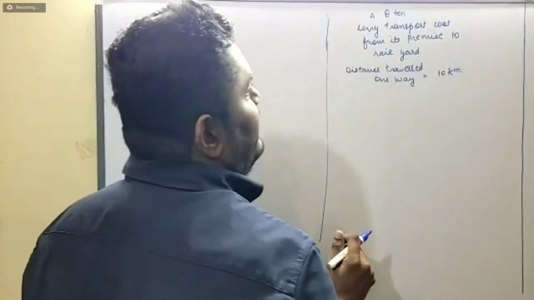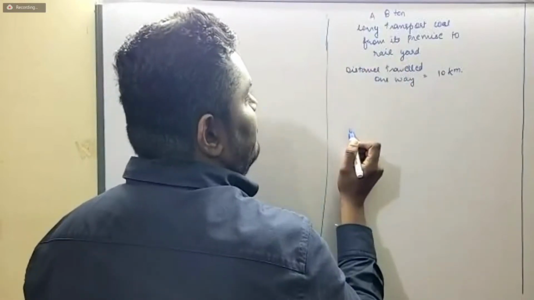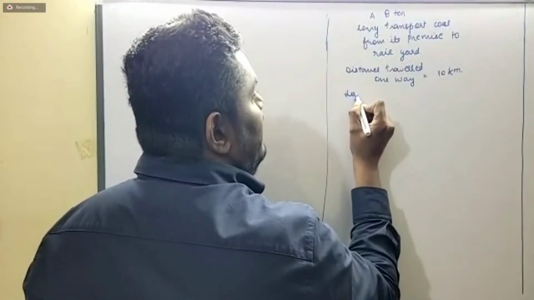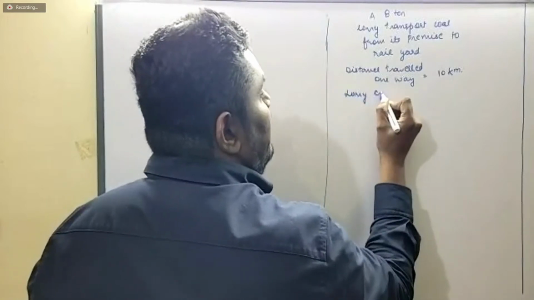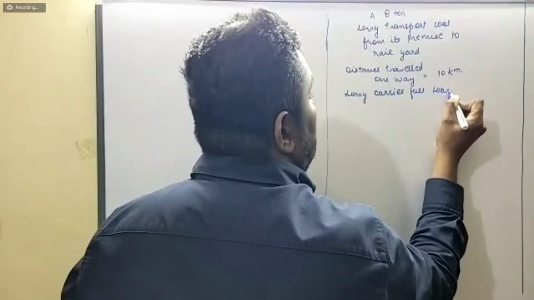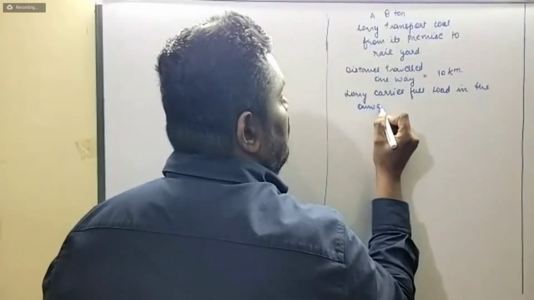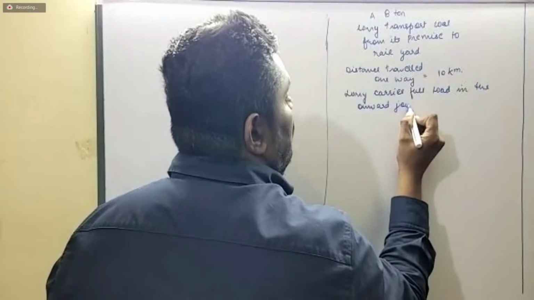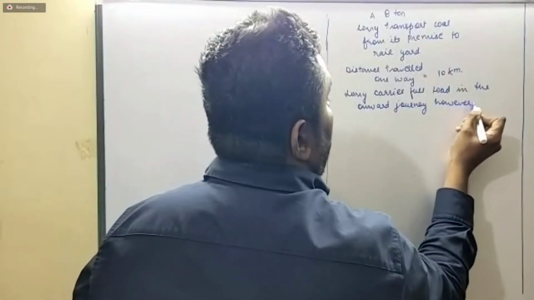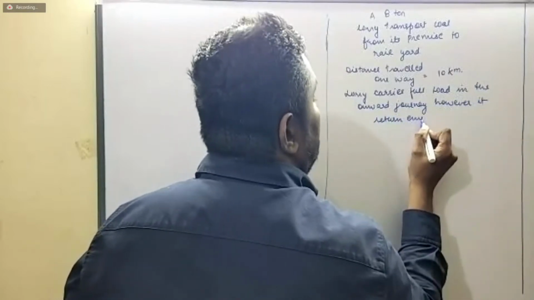An 8-ton lorry transports coal from its premise to rail yard. The distance traveled one way is 10 kilometers. The lorry carries full load in the onward journey. However, it returns empty.